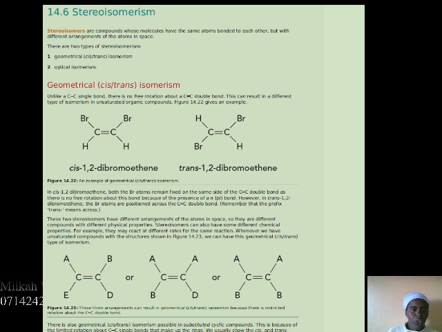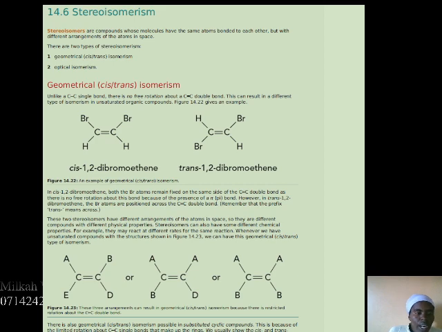There is no free rotation here because we have a carbon-carbon double bond, and therefore it results in different types of isomerism. So for example, we have cis 1,2 dibromoethene, and then you have trans 1,2 dibromoethene, depending on the position of the bromine groups.